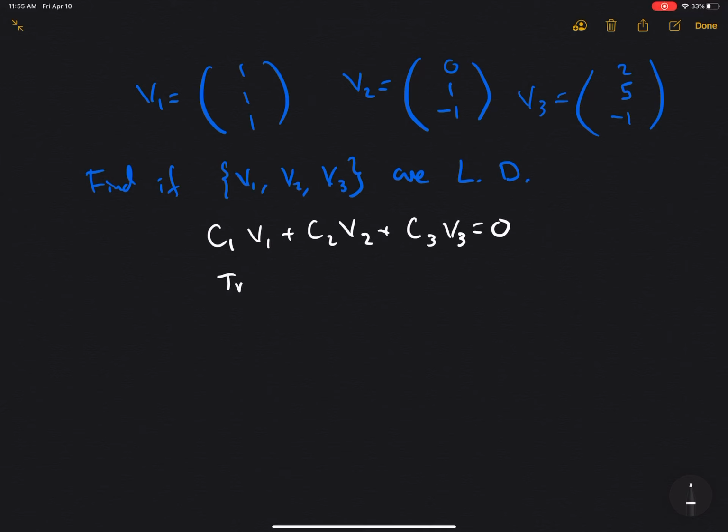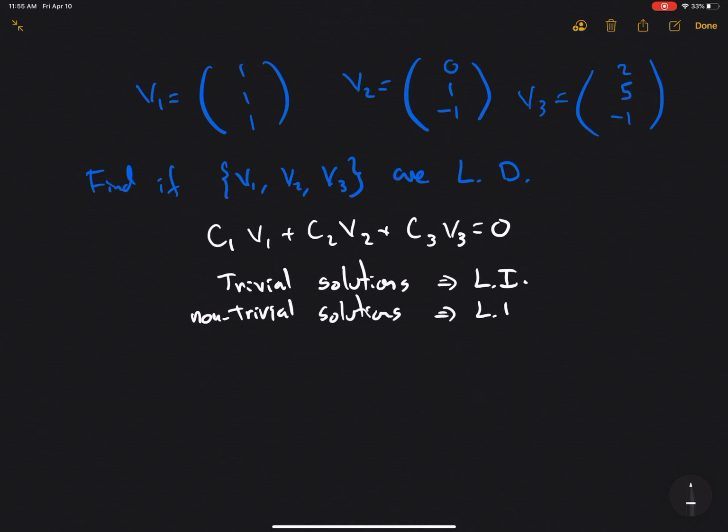So trivial solutions imply that these are linearly independent, but non-trivial solutions imply that these are linearly dependent. Remember that non-trivial means that I have C1, C2, and C3 different from 0. A trivial solution is just the solution 0, 0, 0.